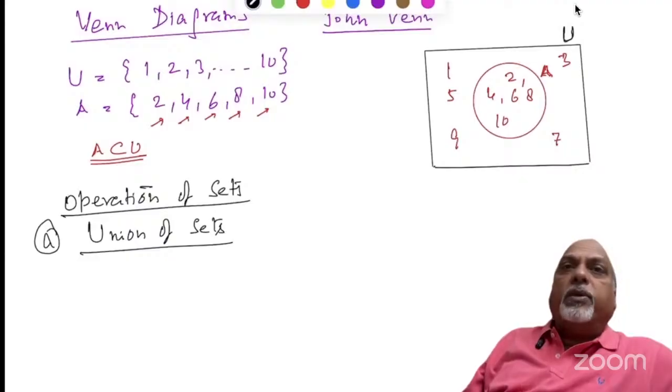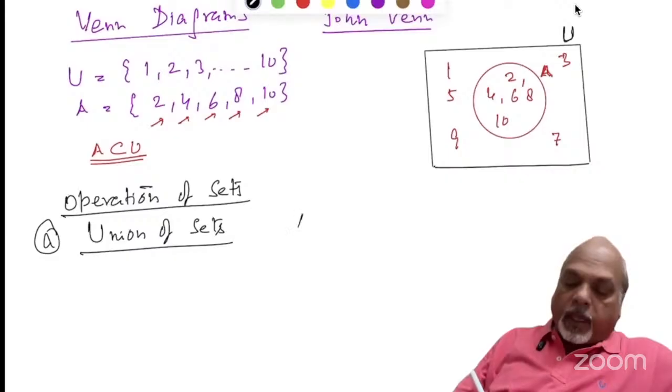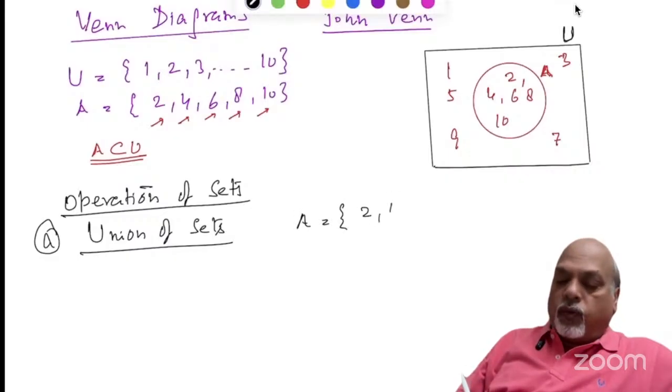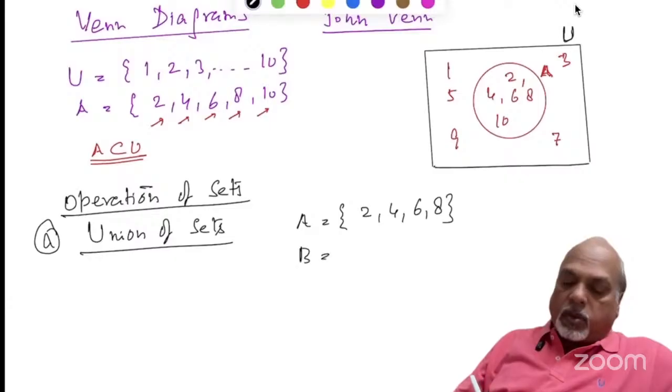Union of sets means, if A and B are two sets, like A is 2, 4, 6, 8, and your B is, suppose, 6, 8, 10, 12.